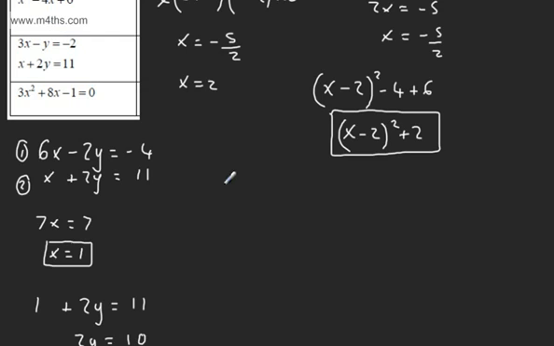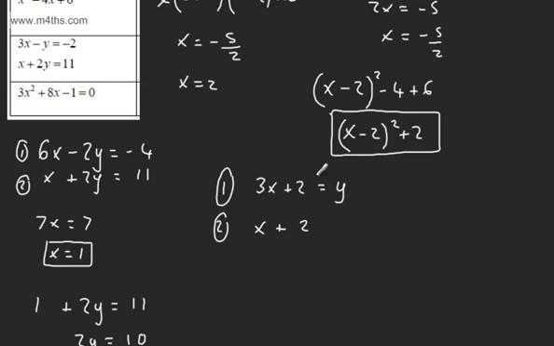So equation 1 could be rearranged as 3x plus 2 is equal to y. All I've done is added 2 to both sides and added y. What we would now do is simply sub this into equation 2, and by doing that we would eliminate the y's. So equation 2, I've got x plus 2y.